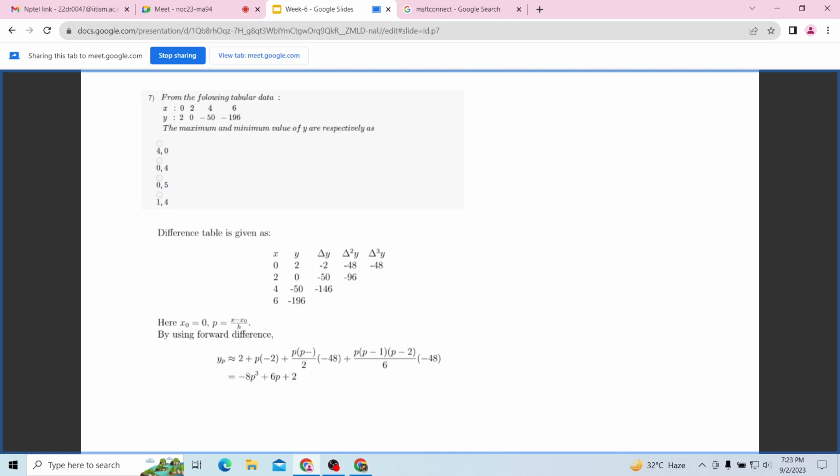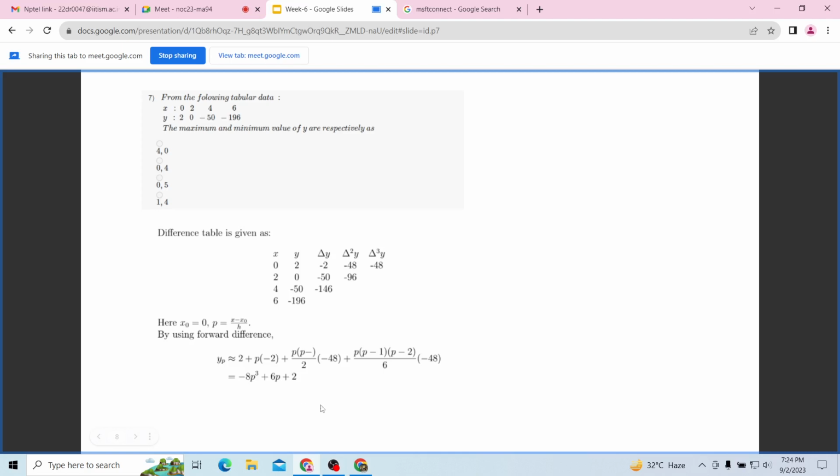When you equate dy by dx equals 0, right? So first find dy by dx. This is your y, minus 8p cube plus 6p plus 2. Since it is a function of p, we are representing it here as yp. So when you calculate dy by dx at p, you will get minus 24p square plus 6, right?